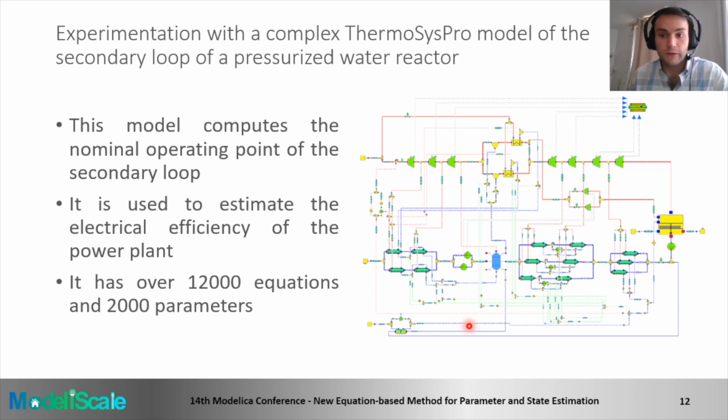So of course, it's very important to have the best estimation of the initial state of this kind of model in order to ensure that we have a good insight of what's happening in the real plant. And for example, in this kind of models, we have over 2,000 parameters. So if we wanted to give the best estimation of these parameters by solving a square system, it would be very difficult.